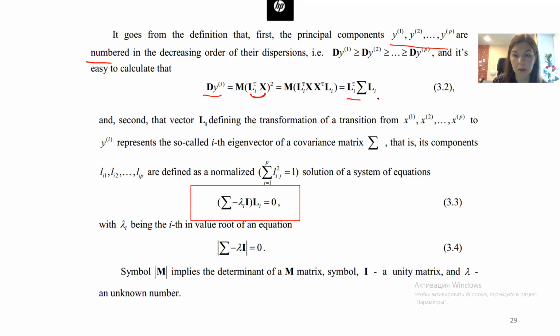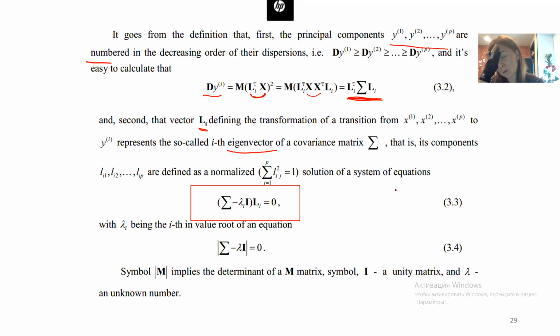And we obtain this parameter because x is independent. And second, the vector of coefficients for the ith principal component, defining the transformation from initial features to y, represents the so-called ith eigenvector of the covariance matrix.